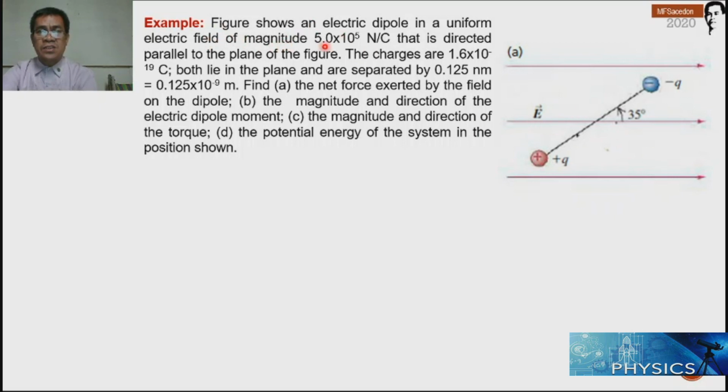Given the magnitude of the charge Q equal to 1.6 times 10 raised to negative 19 coulomb, and this charge was placed in a uniform electric field of 5.0 times 10 raised to 5 newton per coulomb, and the distance between the charges is 0.125 nanometer, which is equivalent to 0.125 times 10 raised to negative 9 meter.